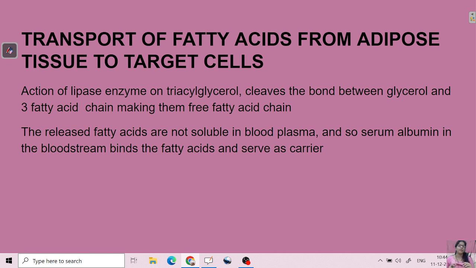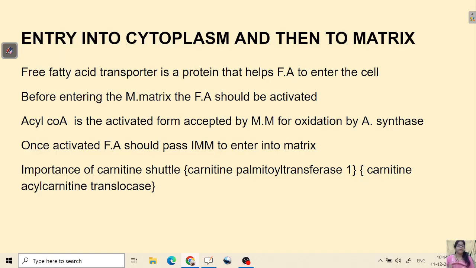Here comes the picture where it has to enter into the cell's cytoplasm. Before the free fatty acid enters into the target cell, it has to be activated. This activation of that particular fatty acid is nothing but conversion into acyl CoA.